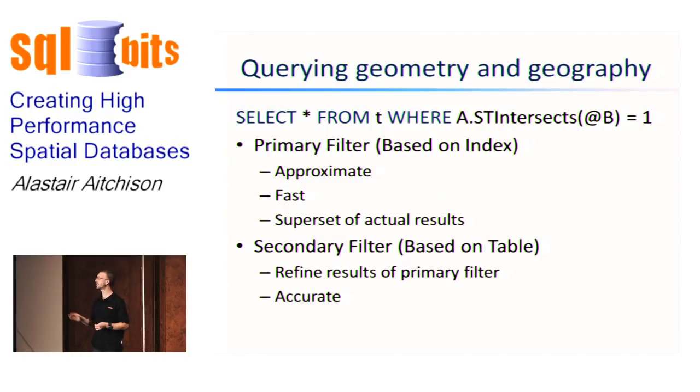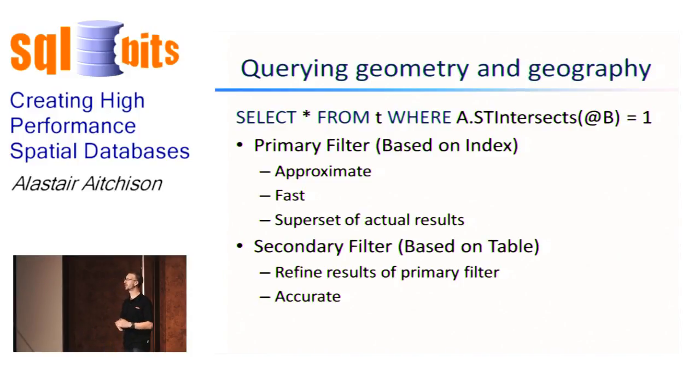So it's guaranteed to contain all of the results where A does intersect B, but it may also contain a couple of false positive results. And then once you've got the results of the primary filter, that's when the secondary filter comes in, takes the results of the primary filter and weeds out those false positive results so that the answer you get at the end is the accurate answer.